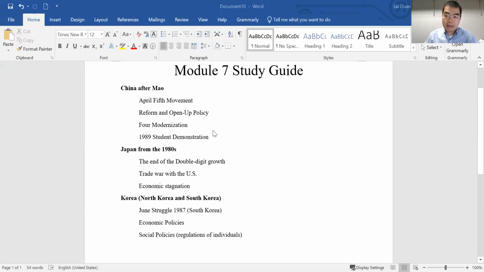And in 1989, the student demonstration broke out in Tiananmen Square in Beijing. And quickly, this demonstration was brutally suppressed on June 4th, right? So that is a major movement in modern China. After that, China focuses on economic development, but not political transformations.